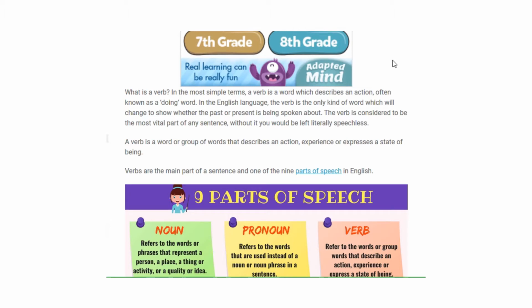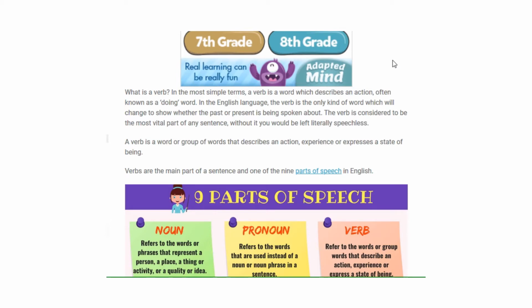In the most simple terms, a verb is a word which describes an action, often known as a doing word. In the English language, the verb is the only kind of word which will change to show whether the past or present is being spoken about.